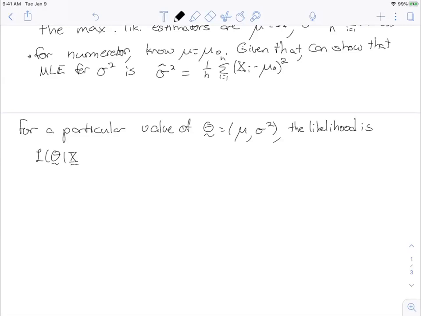I'm just going to write given x, the vector x. And really this means the likelihood of mu and sigma squared given x, which is the joint density for x given mu and sigma squared. I'm writing everything with capital X's, so I'm going to stick with capital X's in here.